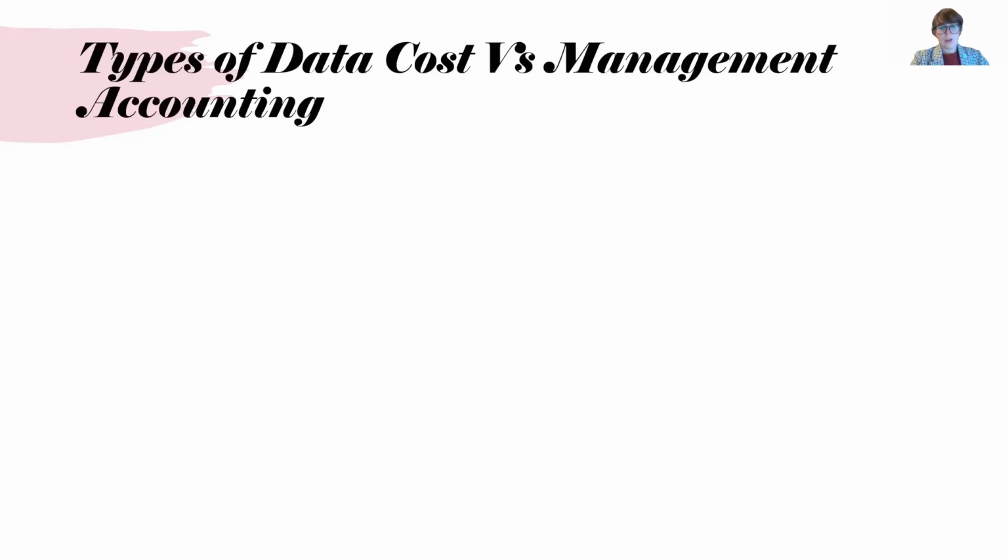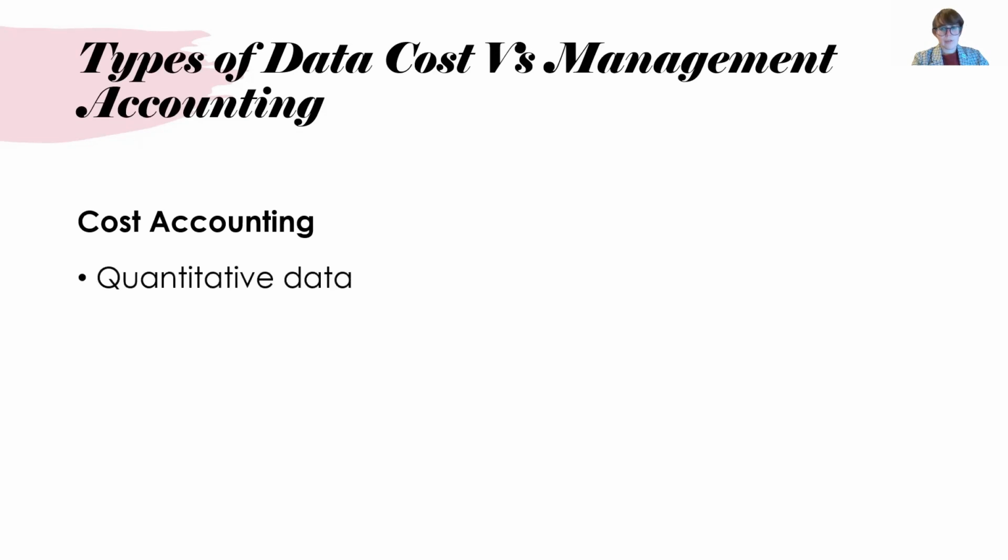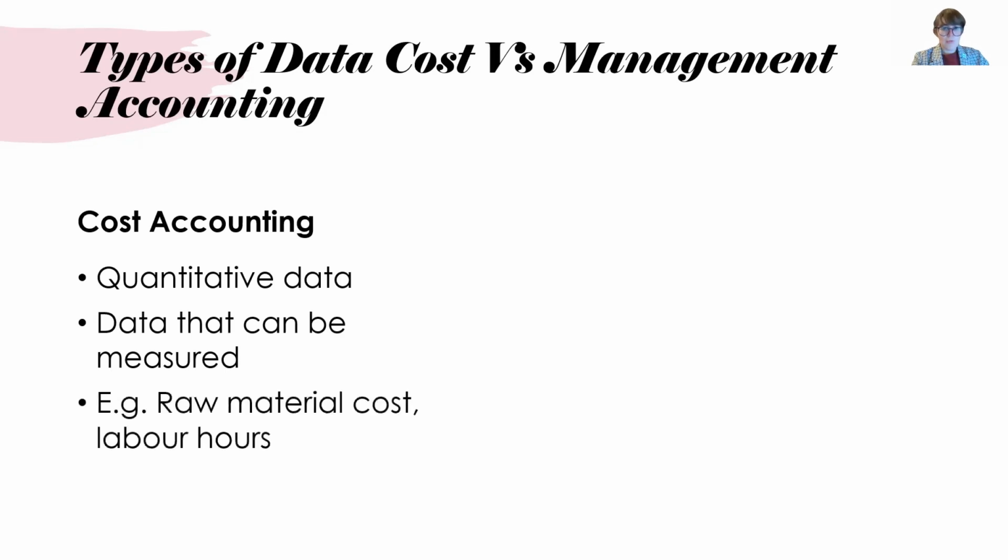So types of data, cost versus management accounting then. So we've got cost accounting. This is mainly going to be on quantitative data, and it is data that can be measured. So examples include how much raw materials cost, or perhaps how many labour hours are required. Management accounting, on the other side, delves a little bit deeper.